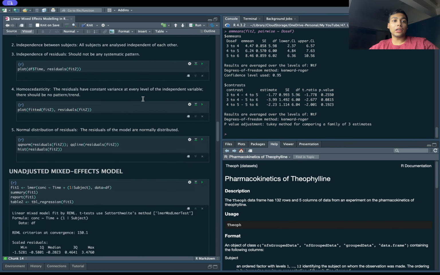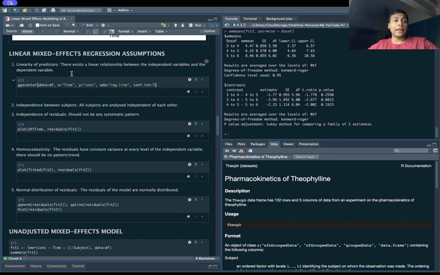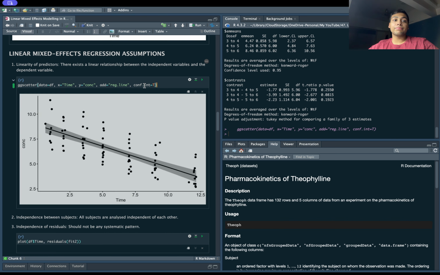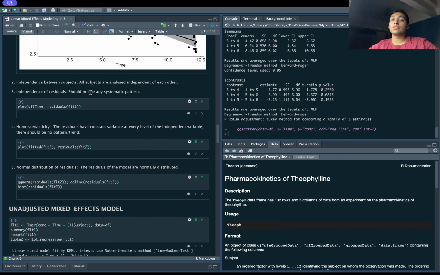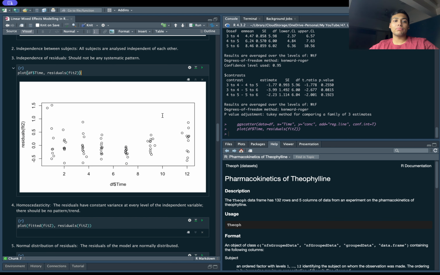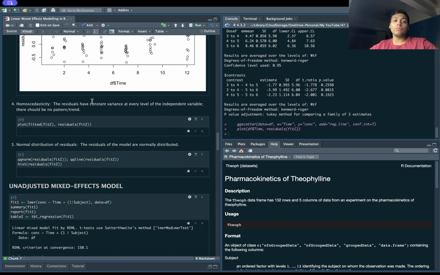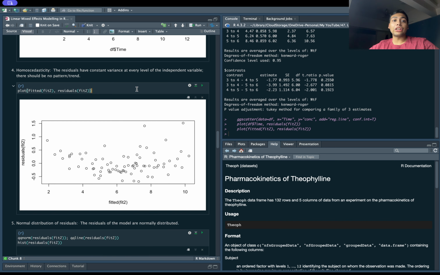I almost left out the assumption checks. These checks are very important, and the first one is linearity of predictors, very easily plotted using a graph. Second is independence between subjects, should not repeat two subjects. Ideally, this assumption is moot because you include each subject as a random intercept. The independence of residuals, there should not be any pattern to your data. I don't see any pattern, just plot the time and residuals of your model fit. Homoscedasticity, there is no overt change in variance.